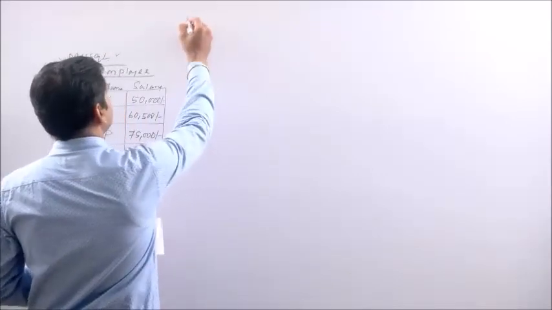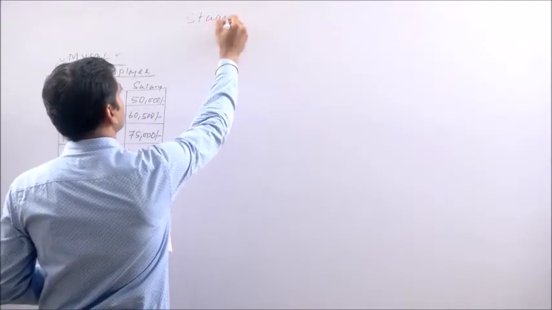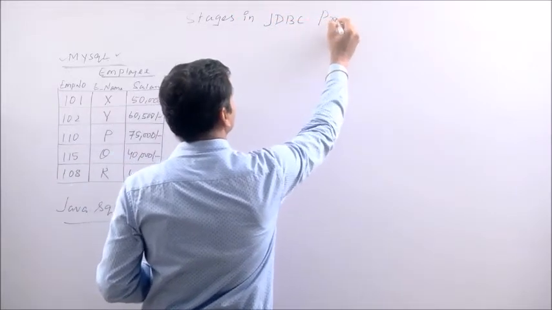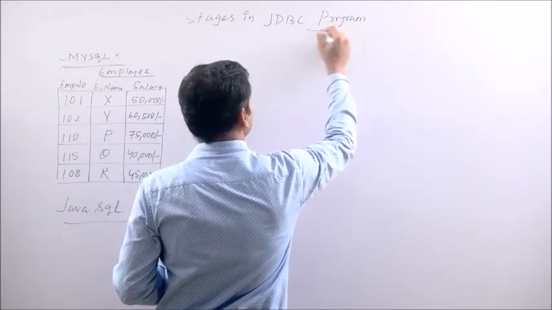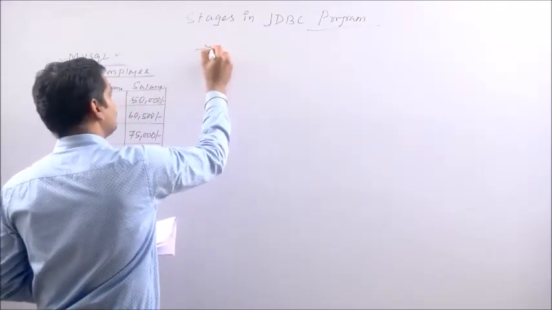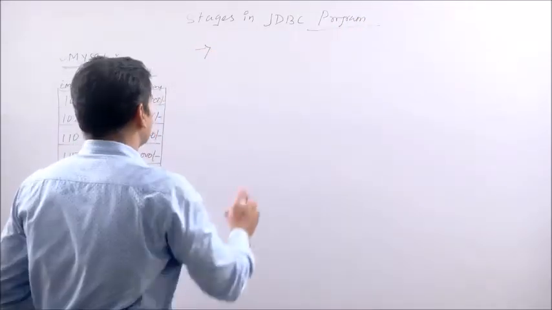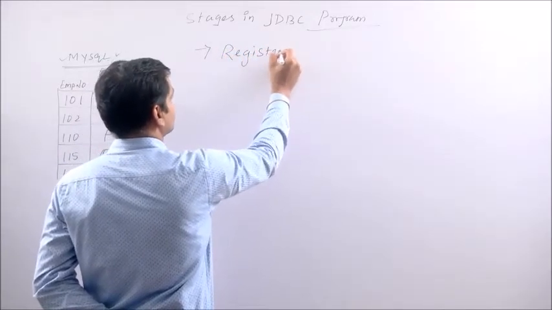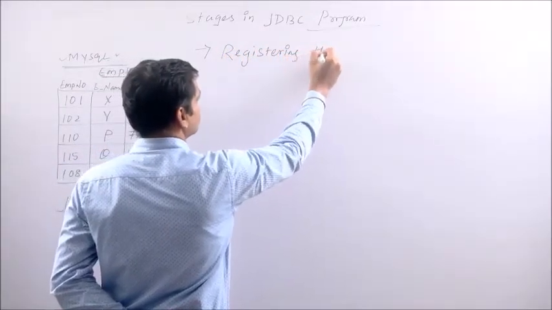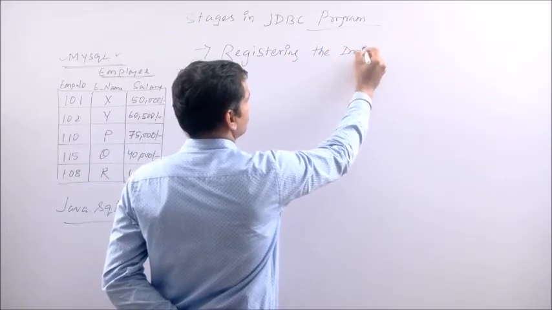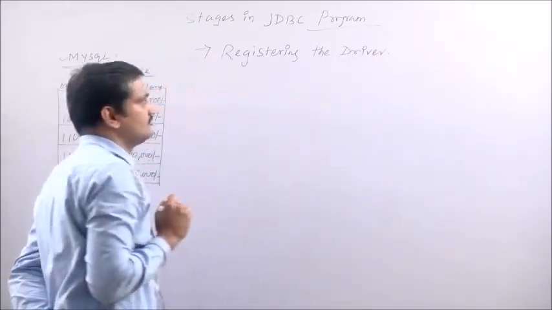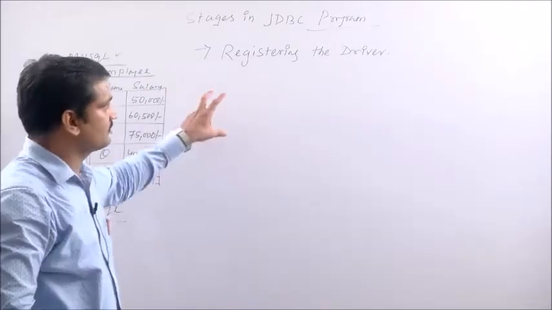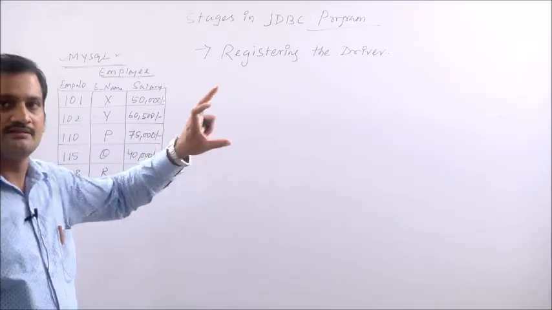The stages in a JDBC program. For better understanding, we divided it into stages. The first stage is registering the driver. In your program, first you have to register the driver. What driver you are going to use in this Java program, that you have to register.